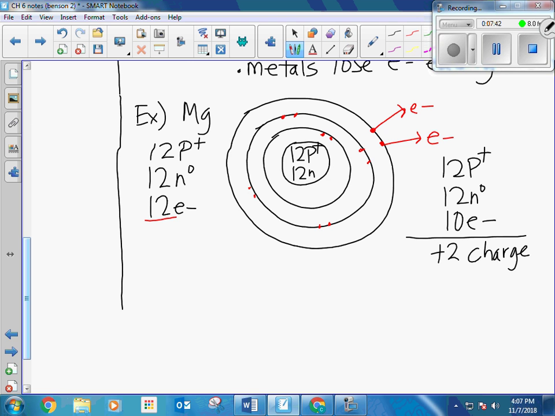So the charge on magnesium now is Mg plus 2. Now I know it seems weird because it's giving something up, but we have to remember electrons are negative, and that's why it has a plus 2 charge. Okay, and then it has the noble gas configuration of neon like we just said.